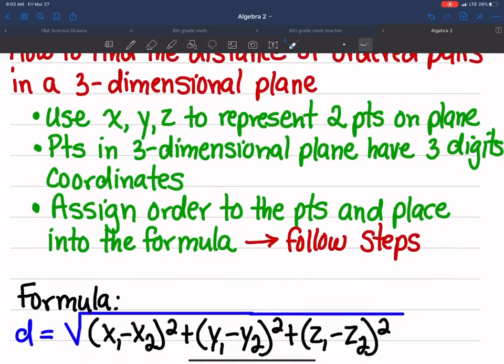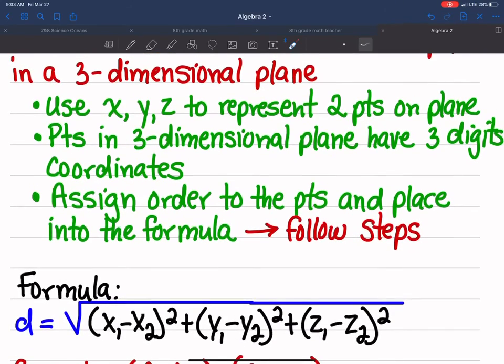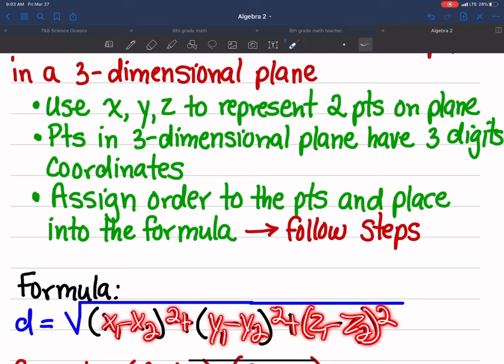The formula for a three-dimensional figure. Remember that in distance, we are looking for the square root. The formula for distance in a three-dimensional plane is the square root of x1 minus x2 squared, plus y1 minus y2 squared, plus z1 minus z2 squared.